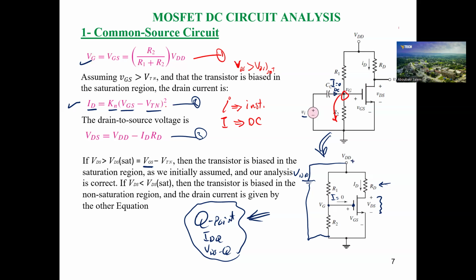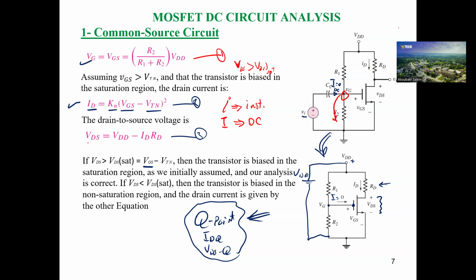And after getting ID, use the third step, which is getting VDS from the circuit. So from the circuit, we can write the relation VDS equals VDD minus ID RD.